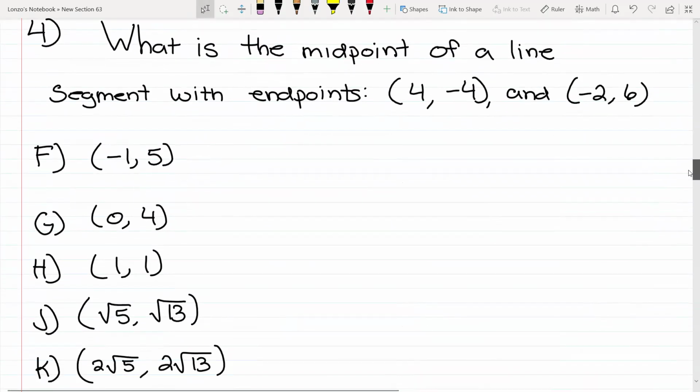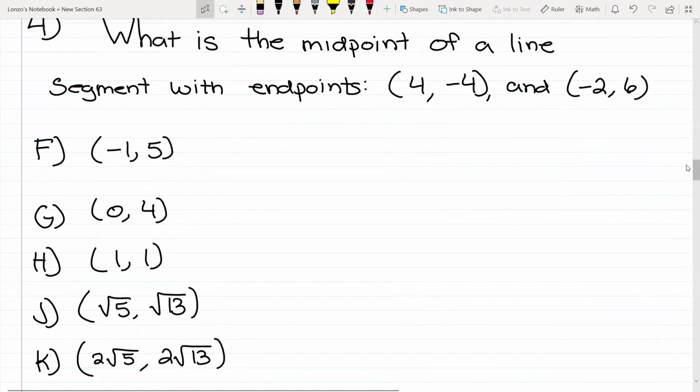Okay, let's move on to question 4. Question 4 says, what is the midpoint of a line segment with endpoints of (4, -4) and (-2, 6)? So they give you two coordinates and we have to come up with the midpoint. It's pretty simple to find the midpoint. You take the average of the x's and y's.